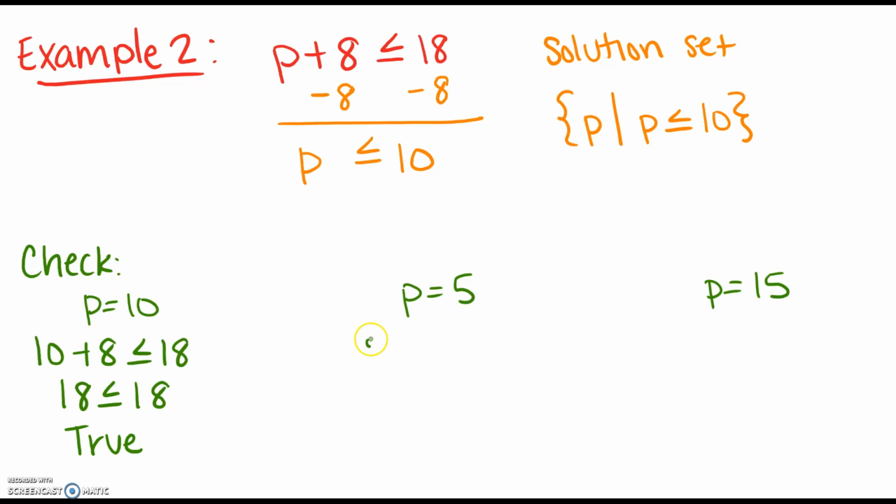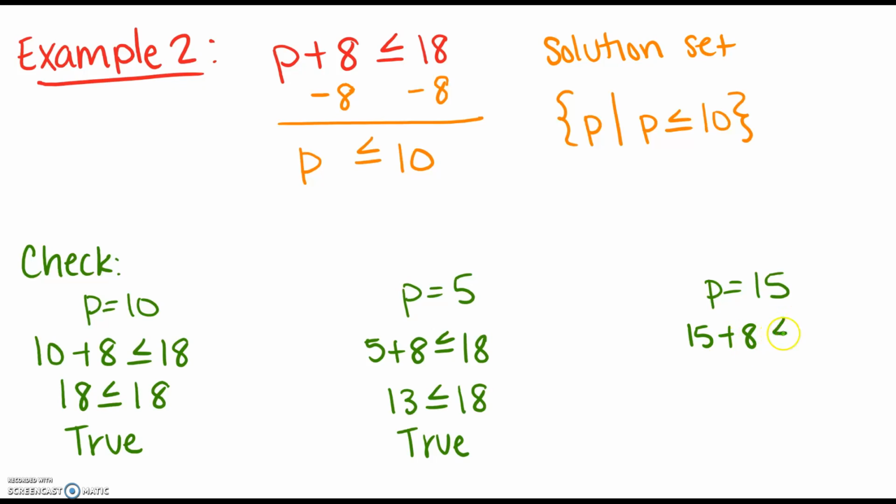Next, we have 5 plus 8 is less than or equal to 18. 5 plus 8 is 13, and 13 is less than 18, so that one is also true. And last one, if p is 15, we have 15 plus 8 is less than or equal to 18.